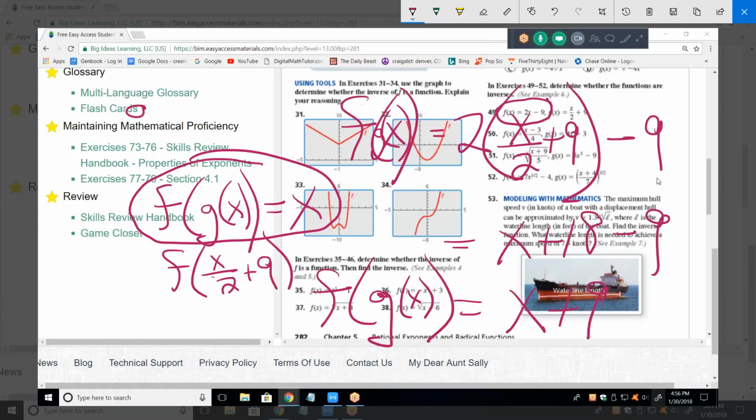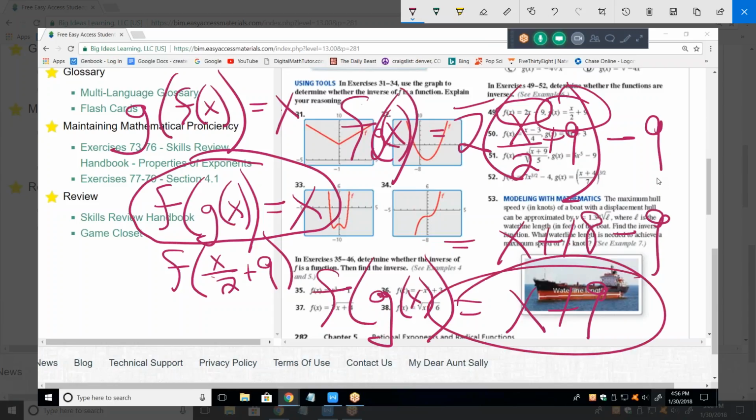The reverse also has to be true. g of f of x has to also be equal to x if you did it the other way. But this is the number one rule for inverses: the composite has to equal x. And when we tested 49, we didn't get x. We got x plus 9. It has to equal x exactly.